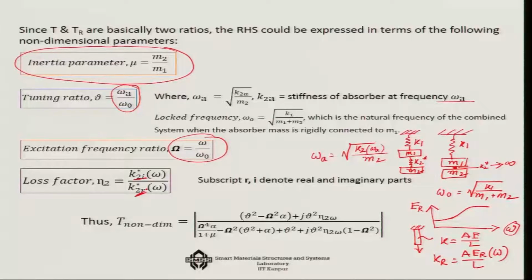Now, if you apply all these parameters, the non-dimensional representation of the transmissibility will take this kind of a complex form. That is why you need these two things in order to get the amplitude of the system. As you can see, in the complex form you may call this n real and this n imaginary, the real part of the numerator.